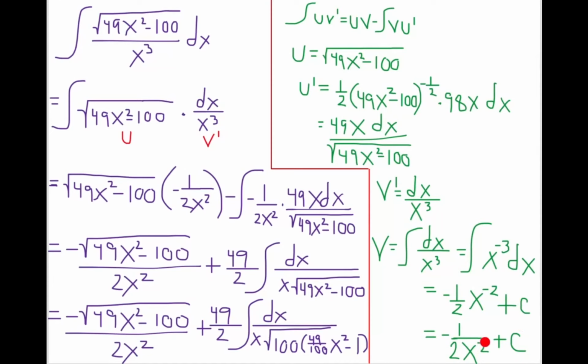So that's v. And then the last one we need is u prime, right? So we found u, or we saw it, we labeled u. U prime, you're just taking the derivative. Remember right here, this is equal to 49x squared minus 100 to the 1/2.